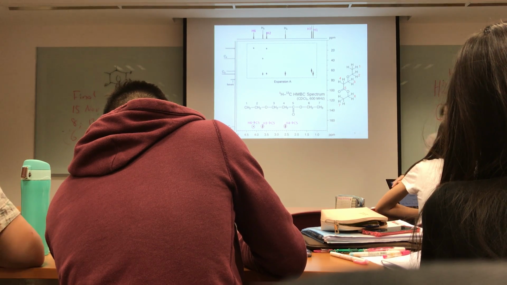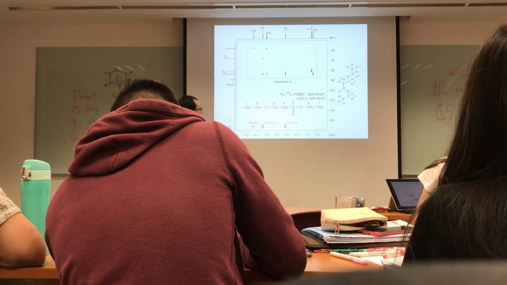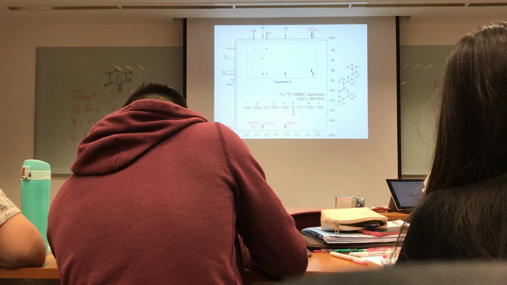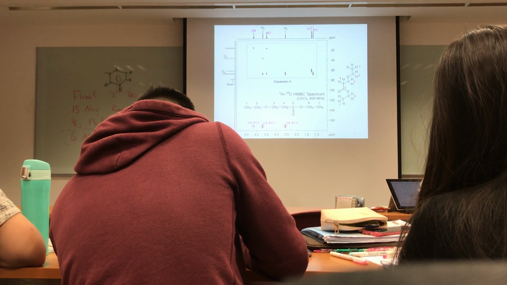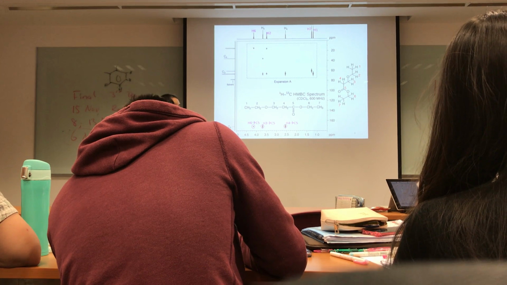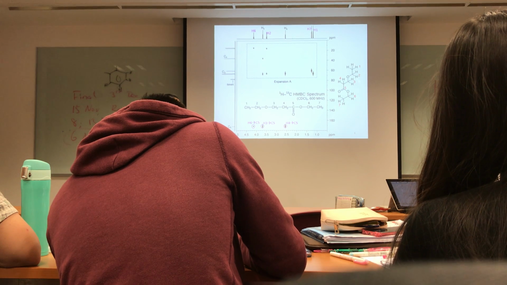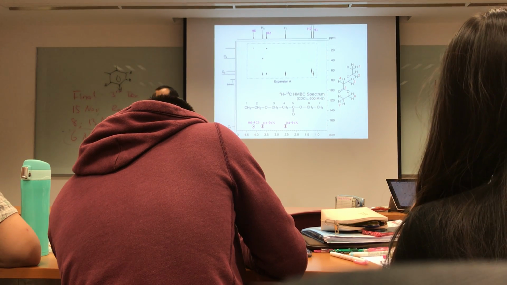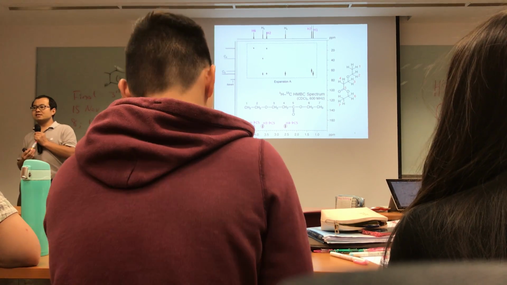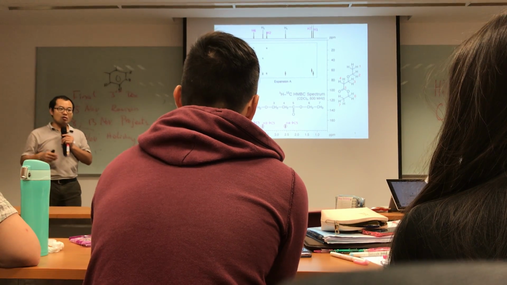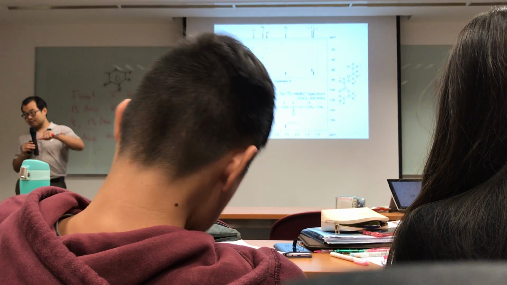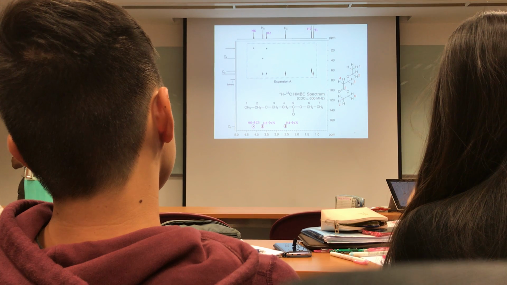Now you can see carbon 5 can see 3 protons, 2 bond or 3 bond. 2 bond see proton 4, 3 bond see proton 6 and proton 3. That's why I want to clarify this. For HMBC, the correlation is mutual, right? Proton can see carbon, and at the same time, carbon can see proton.